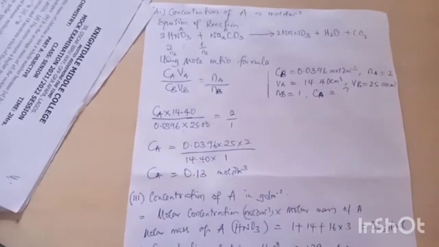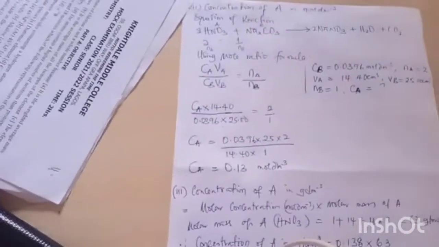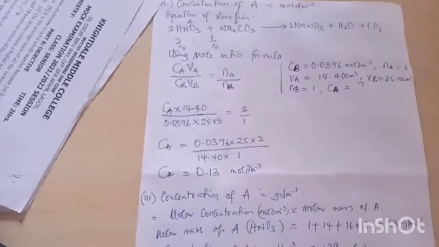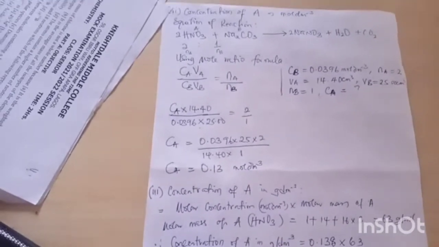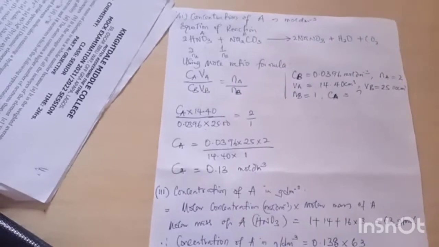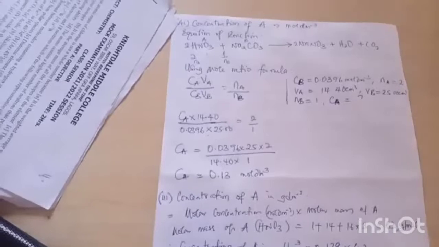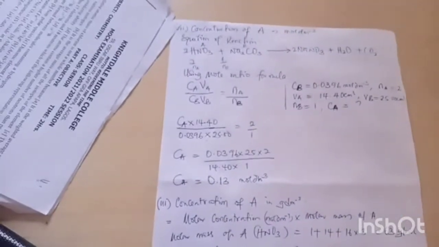Then we are looking for the CA, that is the concentration of the acid. So substituting all of that into the mole ratio formula, we have CA times 14.40 all over 0.0396 times 25.00 is equal to 2/1.